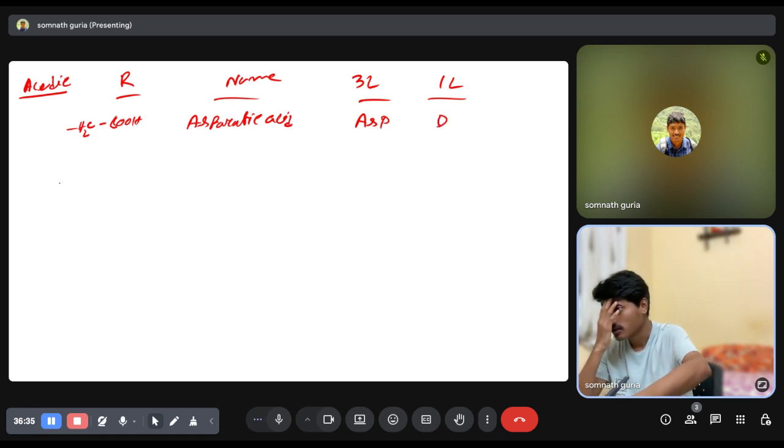Now what should be another one? It's glutamic acid. Initially we found the glutamine. So how is it structured? We have to introduce another CH2 group followed by COOH group. This is called glutamic acid.